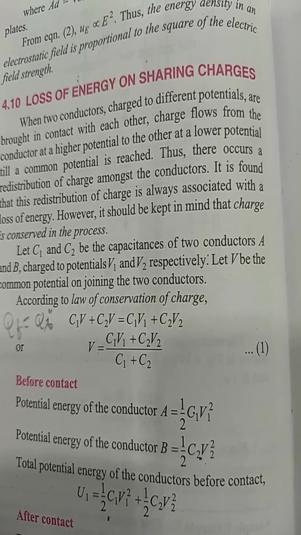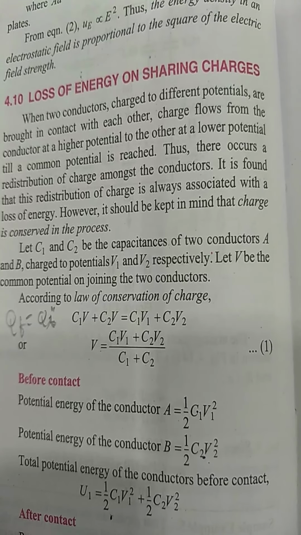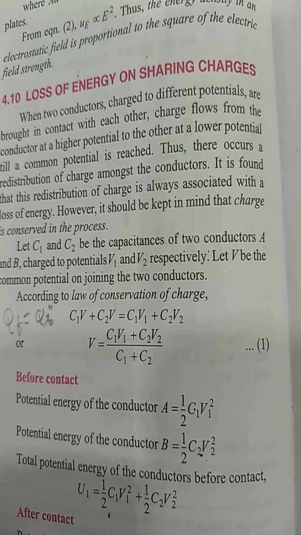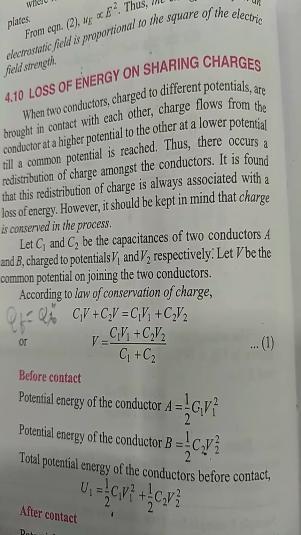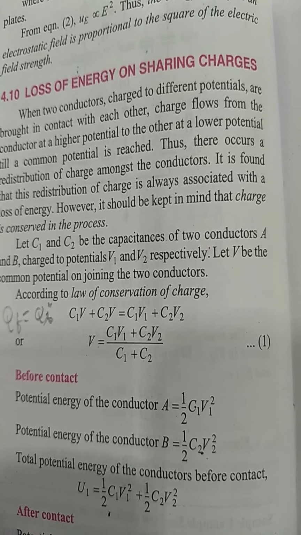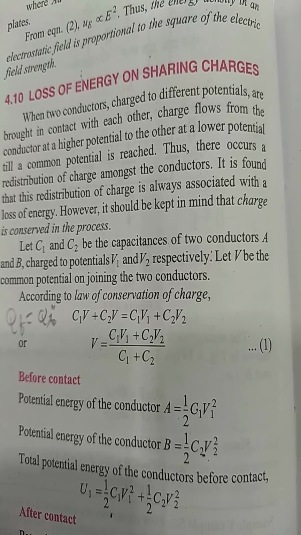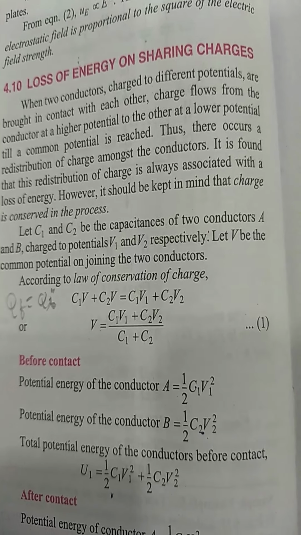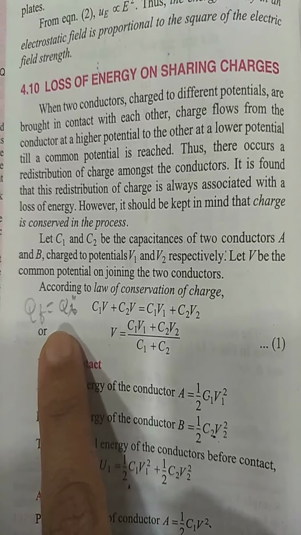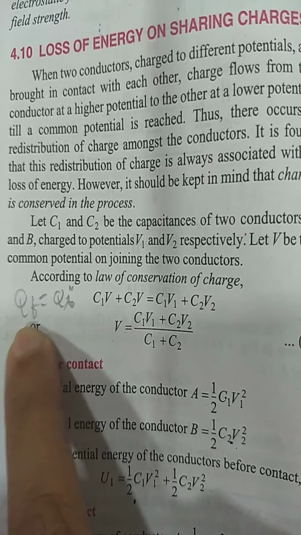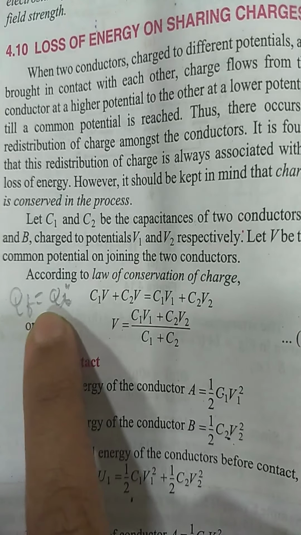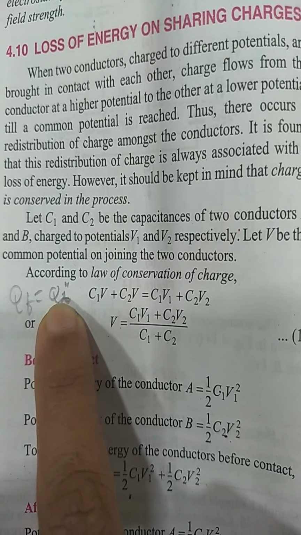So let's consider C1 and C2 as the capacitances of two capacitors. V1 and V2 are the potentials, and the charges, say QF and QI. So by the law of conservation of charge, the total charge finally is equal to the total charge initially.